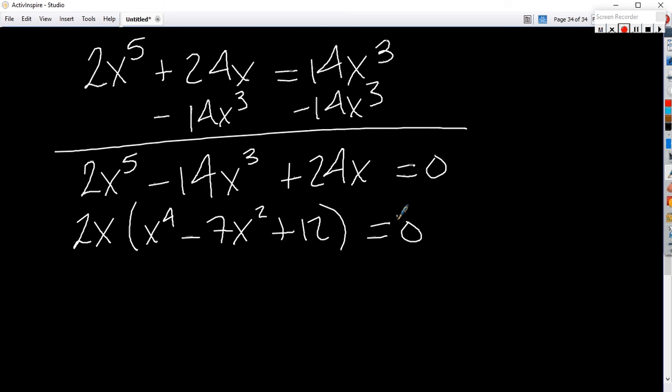You're absolutely right, Bryce. It's quadratic form. So I just take 1 out of everything. What multiplies to 12 but adds to 7? Same signs. 4 and 3.